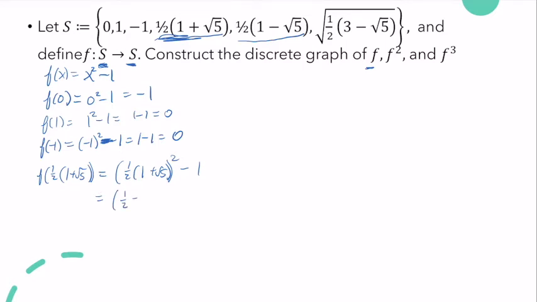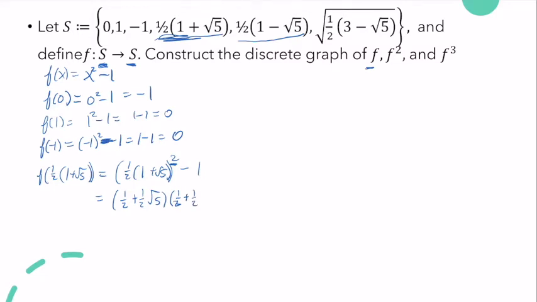So that means I have 1/2 times 1, which is 1/2, plus 1/2 times the square root of 5. Unfortunately, that's as nice as we can make 1/2 times the square root of 5 look. Remember, we are also squaring this. So I'm going to take 1/2 plus 1/2 square root of 5 times itself.